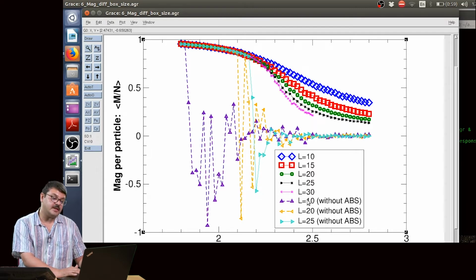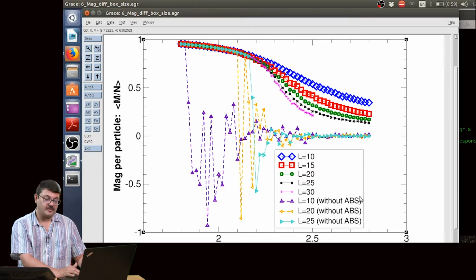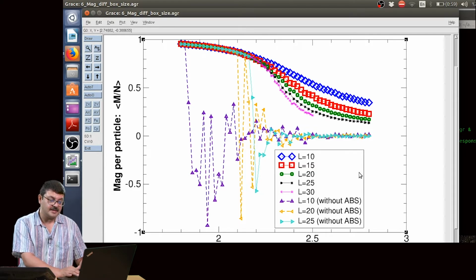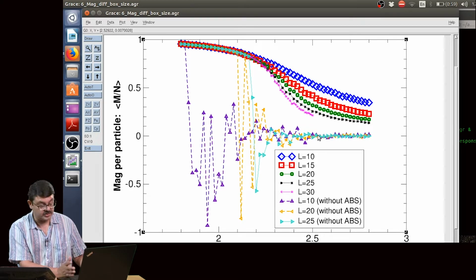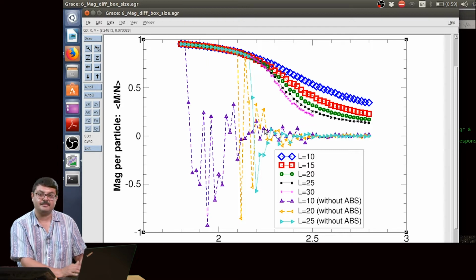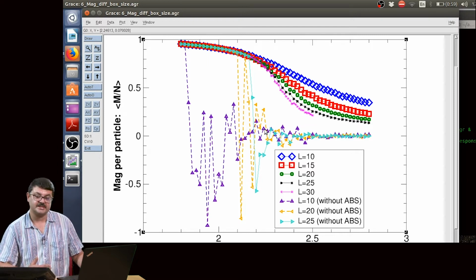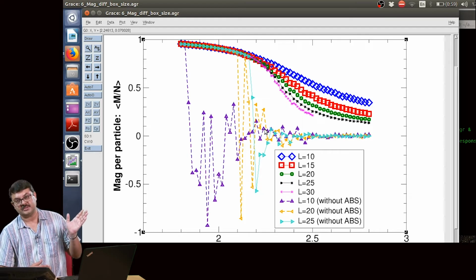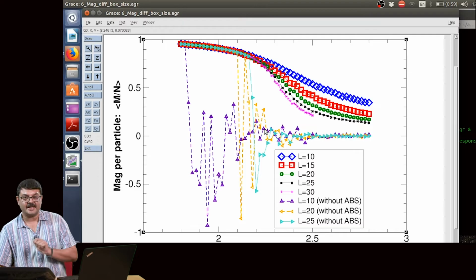However, if you calculate M without taking the absolute value, you are getting very accurate values of 0 here, as expected. But now, near the transition temperature, there are large fluctuations, which you also saw in the previous class, when we plotted magnetization versus MCS at a temperature of 2.15.